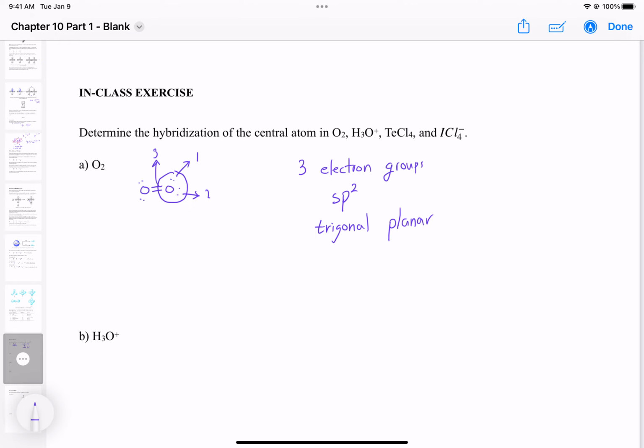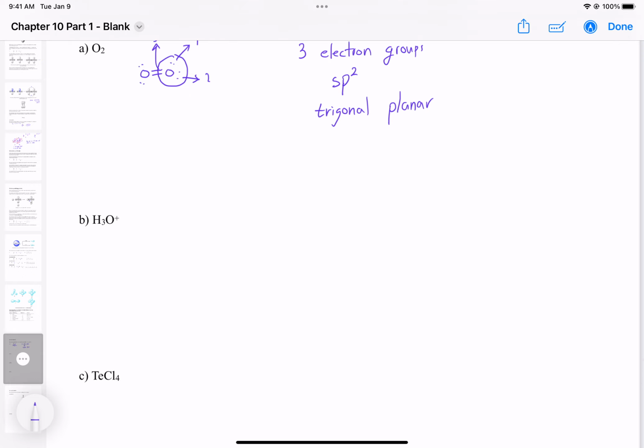Let's move on to hydronium. So hydronium is like water, except we have a plus charge, so it's sort of like ammonia. So we have oxygen in the center here, hydrogens like that, and then there's a lone pair on top of the oxygen along with a positive charge here. Okay, so we count the electron domains around oxygen. We have 3 hydrogen atoms, so 3 plus a lone pair, 4 groups. So here we have 4 electron groups.